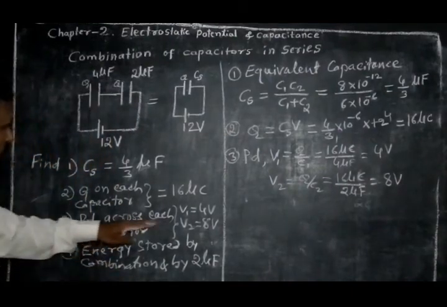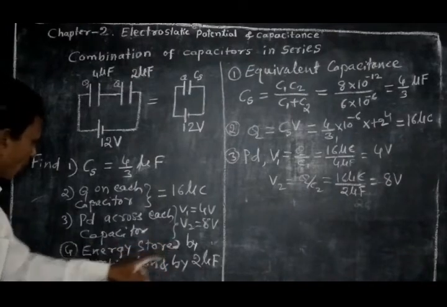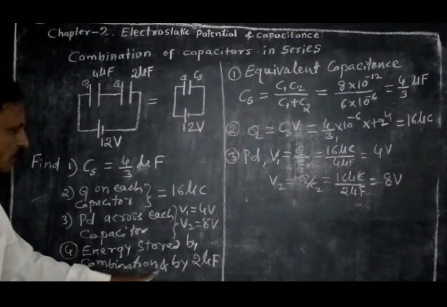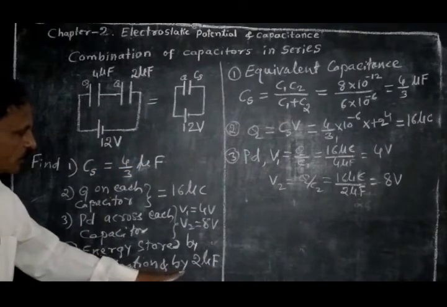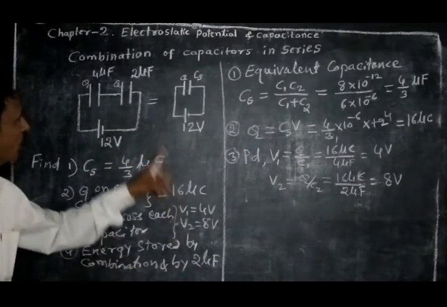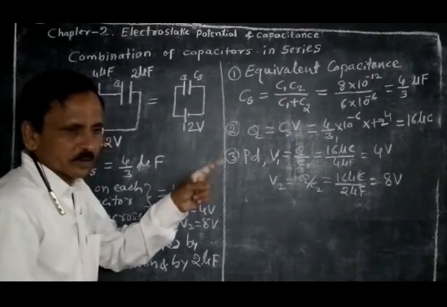This is the potential difference across each capacitor. Then energy stored by the combination of capacitors and energy stored by 2 microfarad. Clear?